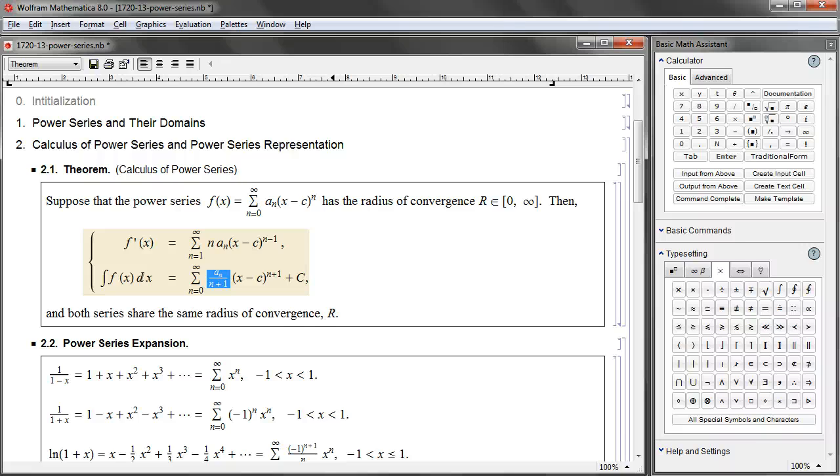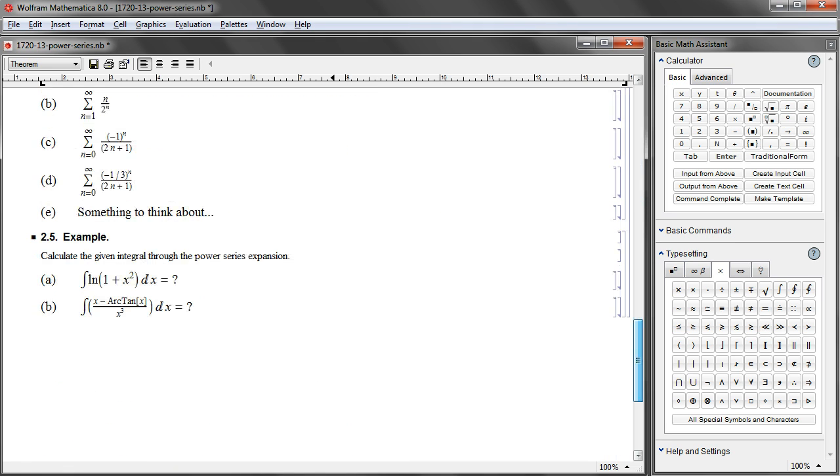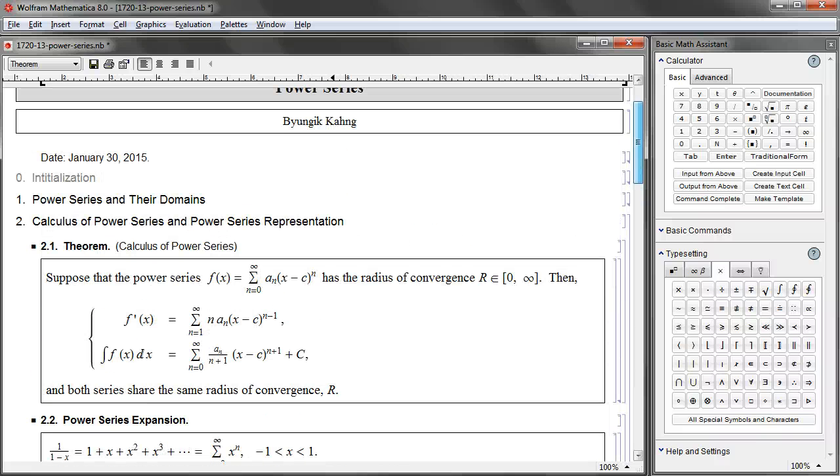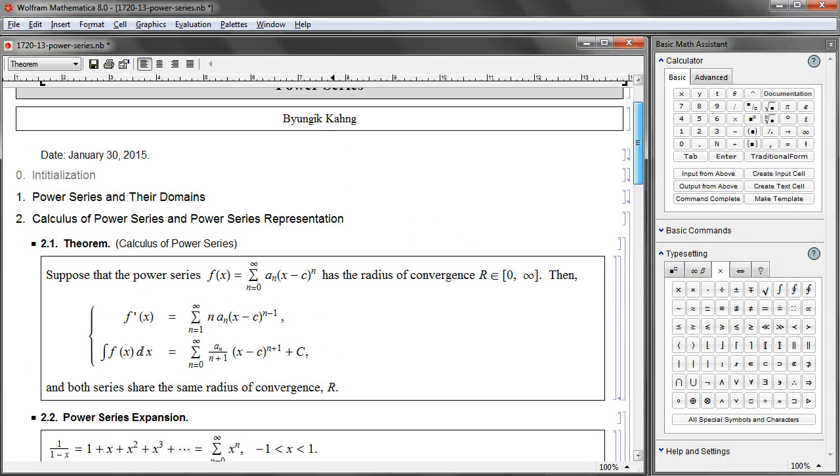Consequently, you end up gaining some convergence at the endpoints. We're going to talk about this losing and gaining of convergence at the very end, in examples like example 2.5, but that's something we're going to do way later, maybe video number 4 or something like that.